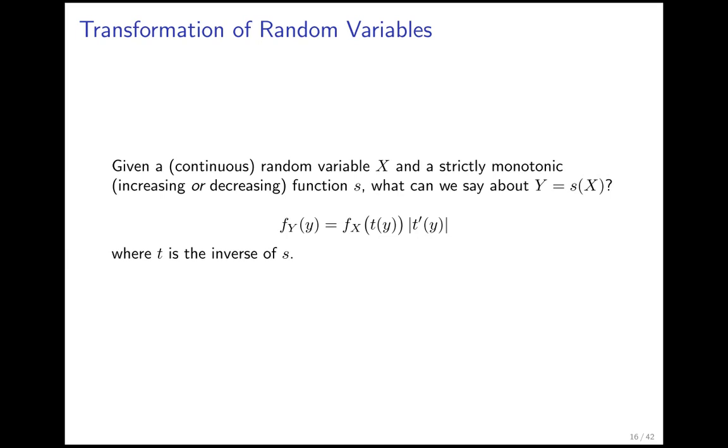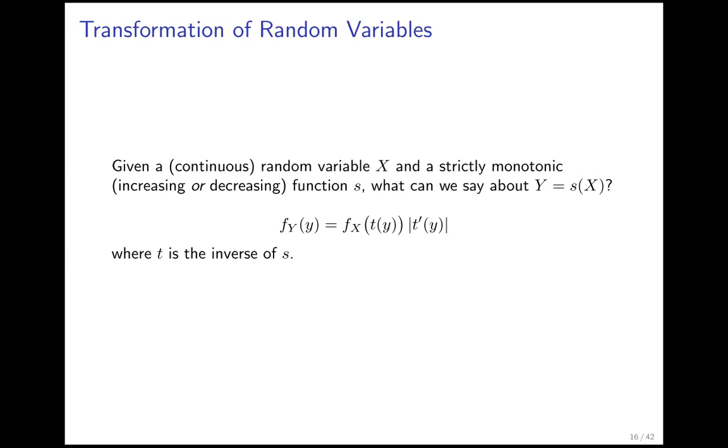And why? Because the transform between degrees Celsius and degrees Fahrenheit is monotonic. It's actually just linear. And all you need is a strictly monotonic function, S. It can be increasing or decreasing, so it works in this Celsius-Fahrenheit example, it works both ways.